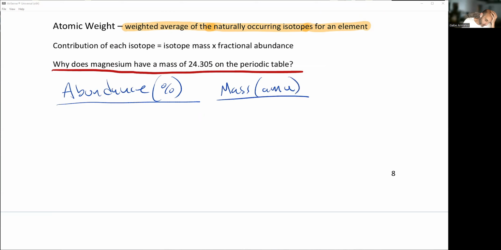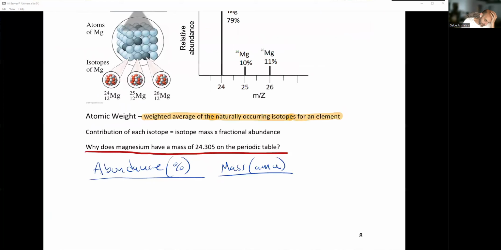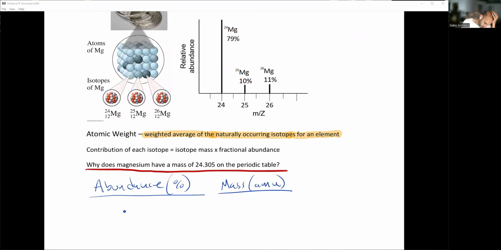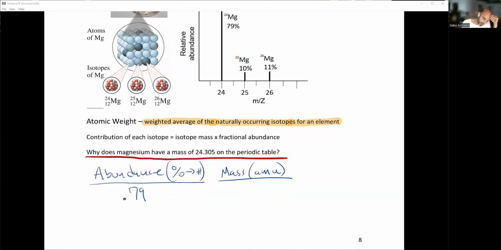The isotope magnesium 24 has an abundance of 79%, or 0.79.